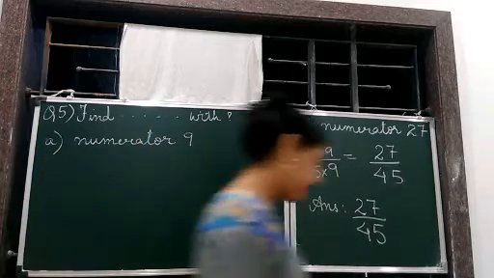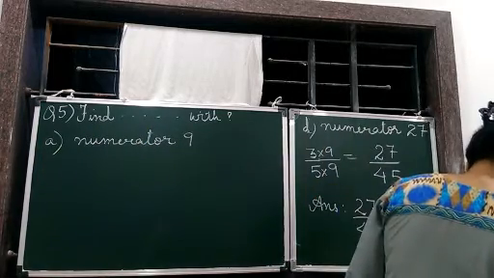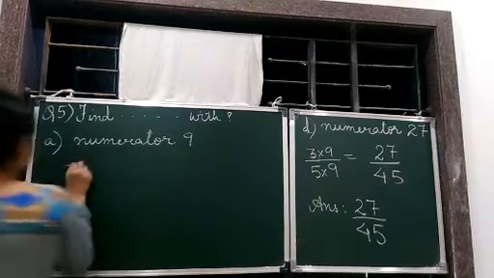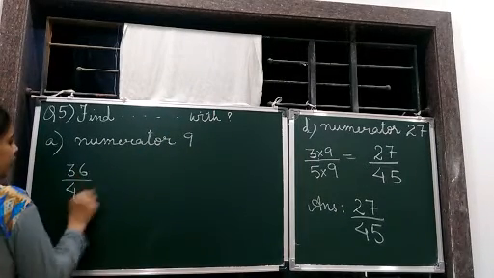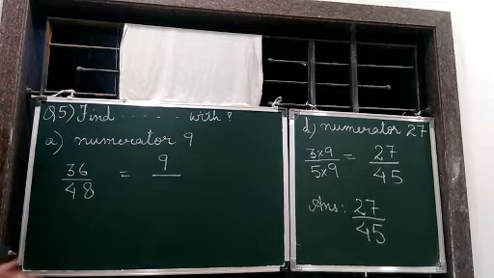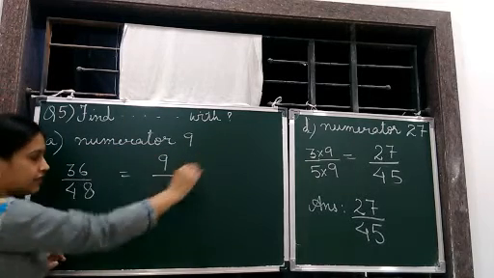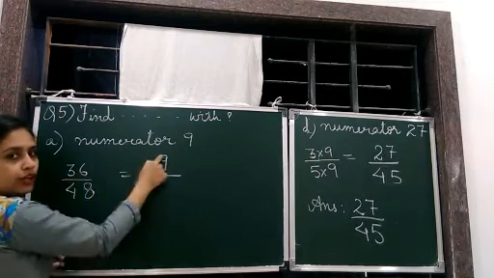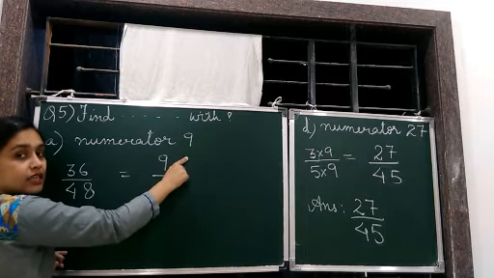So numerator should be 9 and the fraction is 36 by 48. Then the answer's numerator has to be 9. Now check the right hand side. Smaller or greater? Right hand side is smaller.